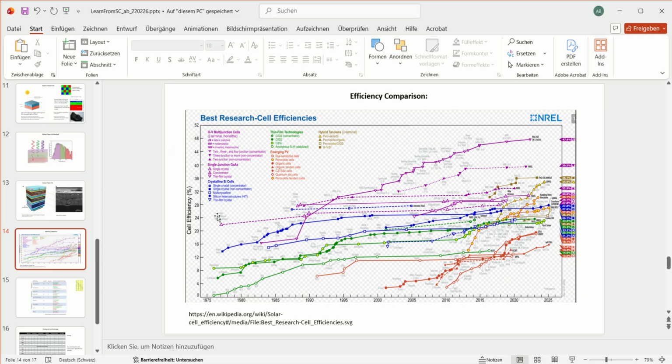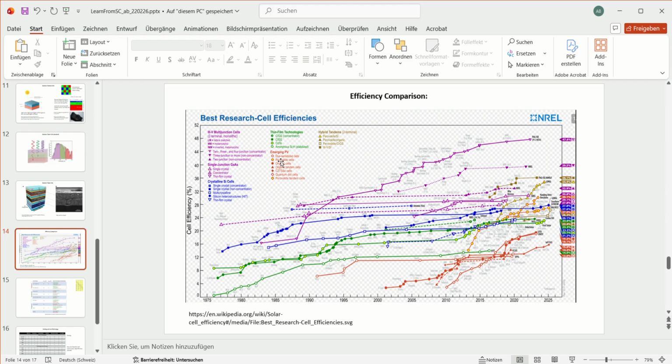But the ones best out in the field are still the crystalline silicium cells, because they're also stable and don't degrade much by sunlight, and they use 20% of the standardized sunlight.